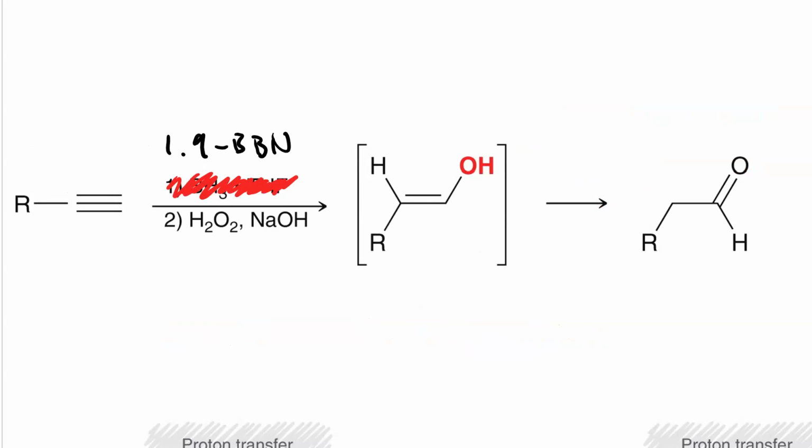So here we have our terminal alkyne, and we react it first with 9-BBN or disiamylborane. That's the hydroboration step. And then in the oxidation step, we use hydrogen peroxide and sodium hydroxide, and that's going to form hydroperoxide ions.